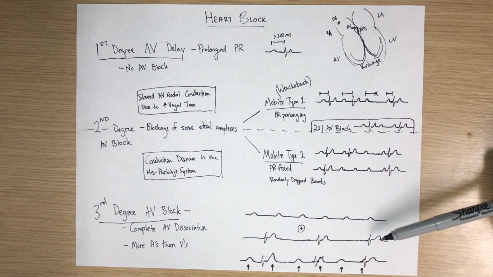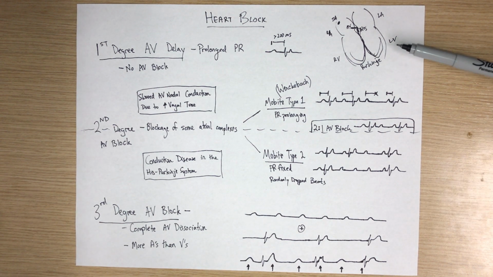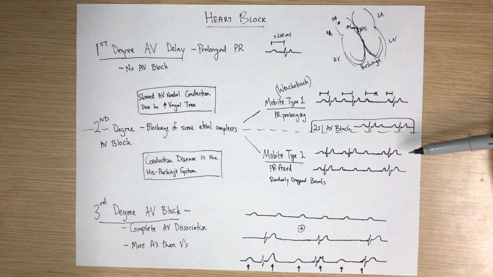You know it's not complete AV block, and you know it's not first degree AV delay, but you can't distinguish the types of second degree because there just aren't enough heartbeats, or there isn't enough time to be able to tell. However, if you understand the physiology of what's happening with the AV node in the His-Purkinje system, it becomes a little easier to clarify what's going on with 2-to-1 AV block.